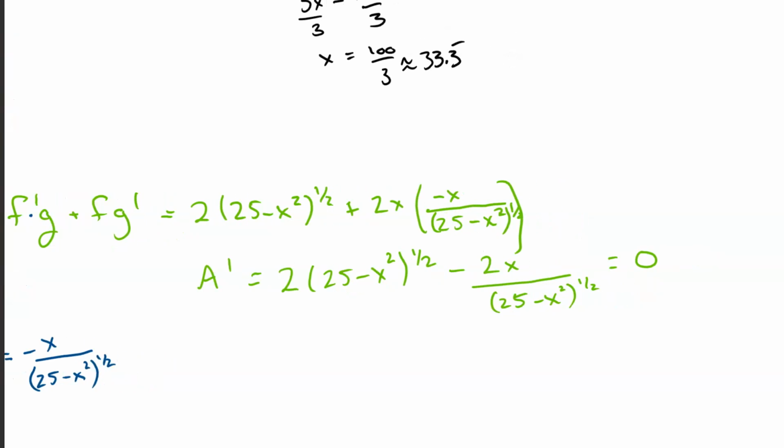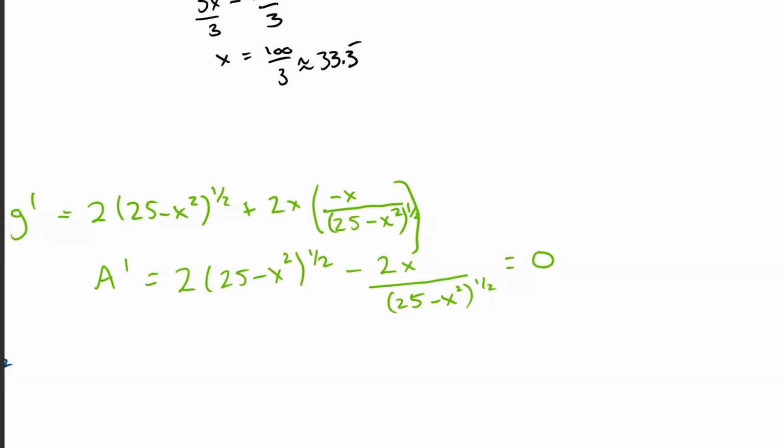We do not at all like that denominator. To get rid of it, we're going to have to multiply through by that denominator, so by that hot mess downstairs. We're going to multiply everything by it.